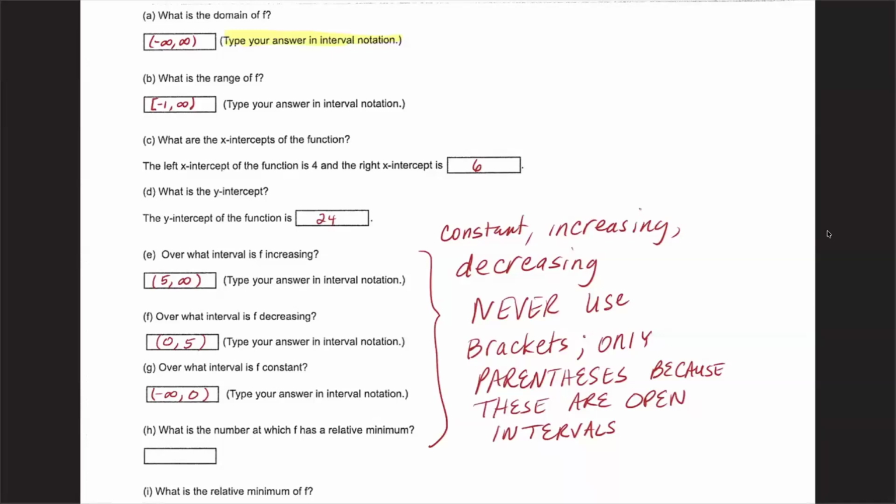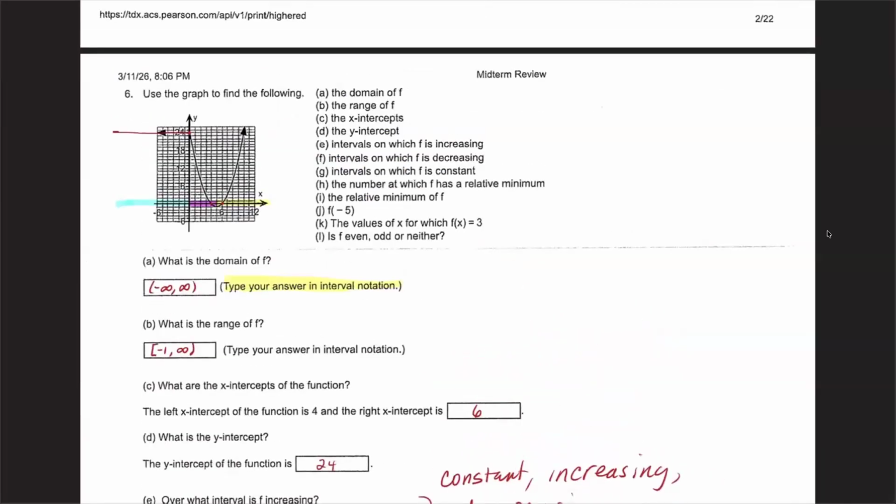The reason you don't use brackets, and this is an example I give my own students: if you're on a roller coaster, think about it. If you're on a roller coaster and the coaster is going up and up and up, and then it comes to a point where it feels like that roller coaster stops. It feels like it stops, and then it starts going down.